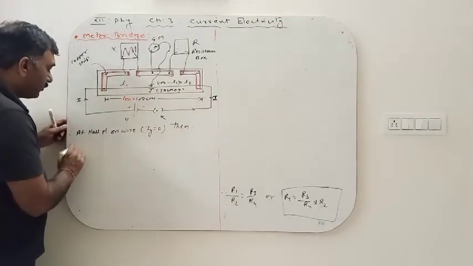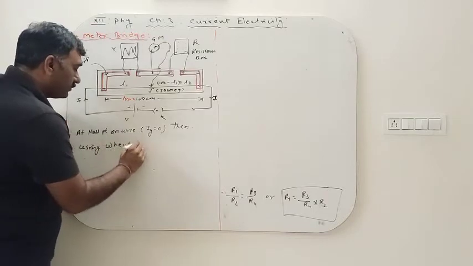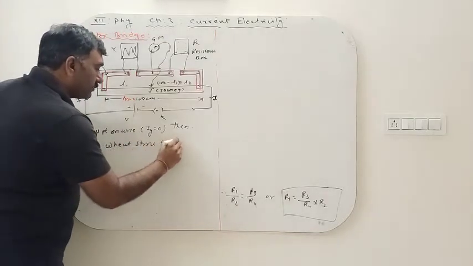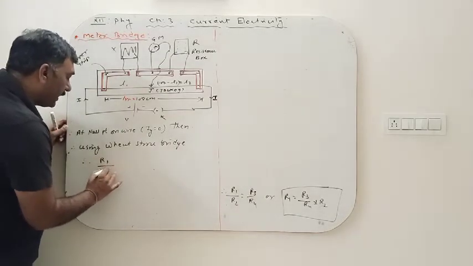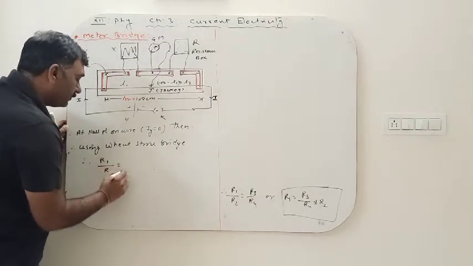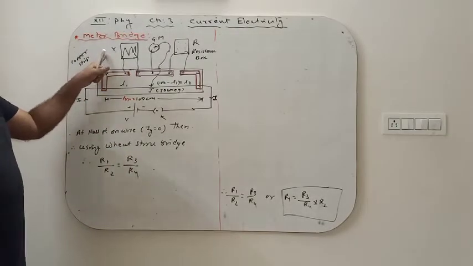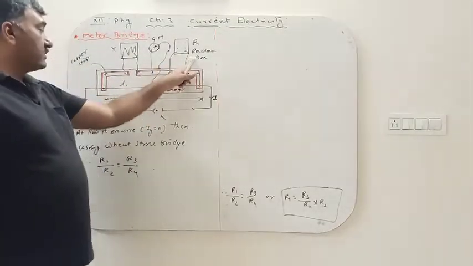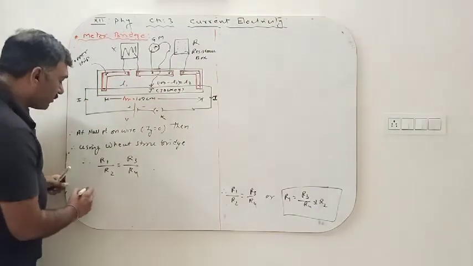So using the Wheatstone bridge, we already know the formula: R1 by R2 is equal to R3 by R4. Here R1 is X, R2 is the known resistance R, R3 is the resistance of the wire and R4 is also a resistance of the wire.